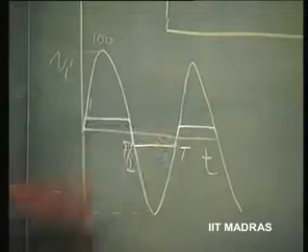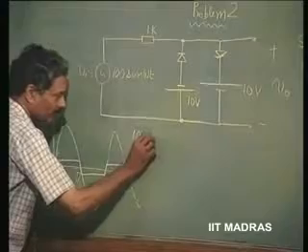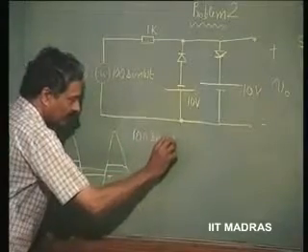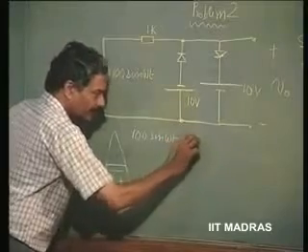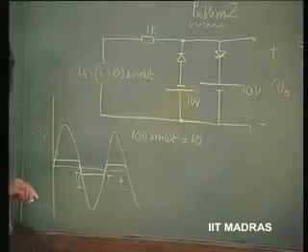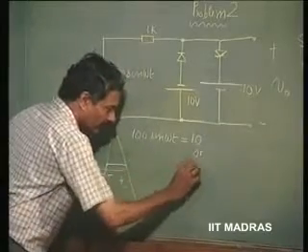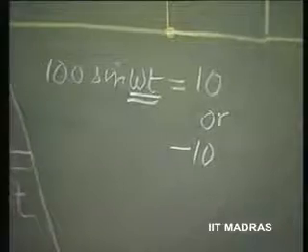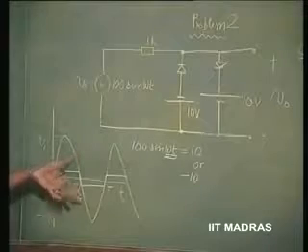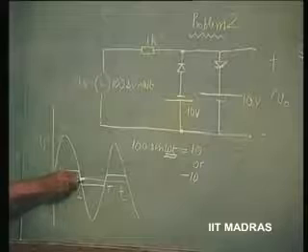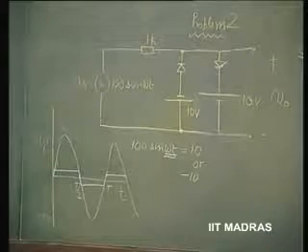For that, what you have to do is equate this 100 sin omega t to a value which is equal to 10 volts plus or minus, and find out this time. So, please do work out this problem and find out these time intervals at which these are going to be limited to 10 volts.